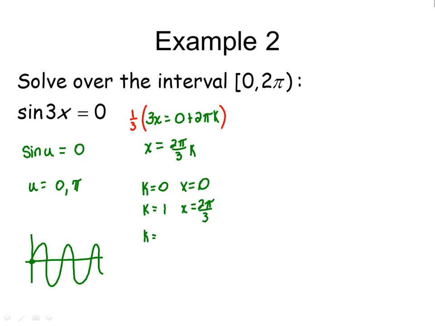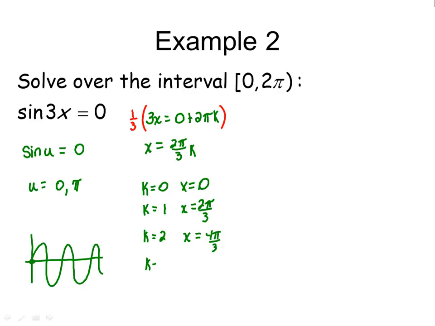If k is equal to 2, what is x equal to? Forget about the pi. Just multiply 2/3 times 2. What do you get? Leave it as an improper fraction. There you go. 4 pi over 3.